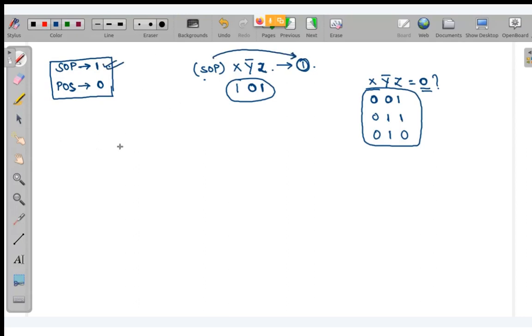Now let us come to POS. Now tell me, for what unique combination will this sequence be equal to 0? Any combination other than 101? Think again. Think again, Shubham.